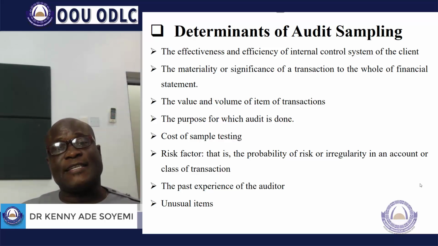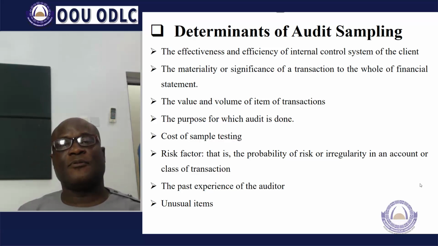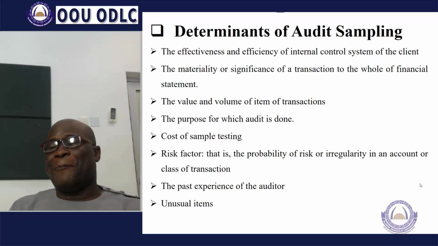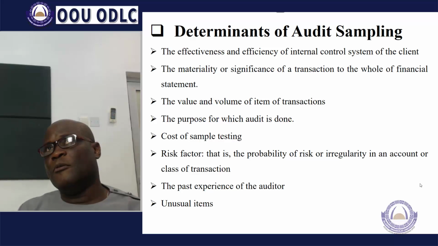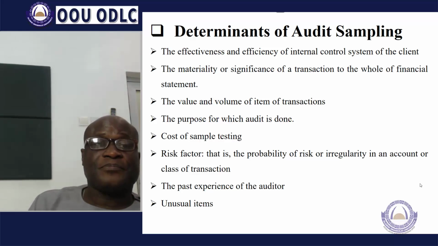Remember, the audit is about how to detect material misstatement in the accounts. By way of it, the materiality of a particular item goes a long way in determining whether you want to sample, or you want to increase your sample, or you want to dump your sample.